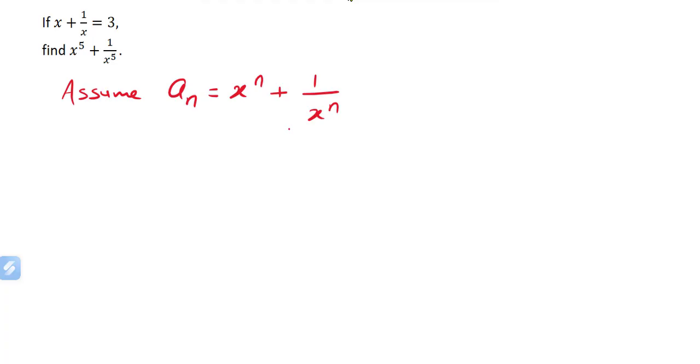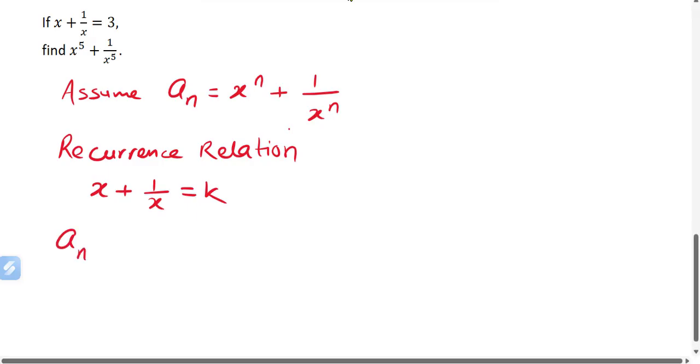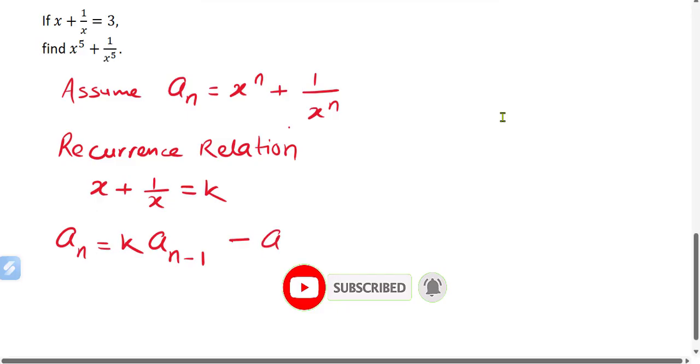recurrence relation. In this recurrence relation, for any value where x plus 1 over x is equals to k, to find a n, we have k a n minus 1 and then minus a n minus 2.